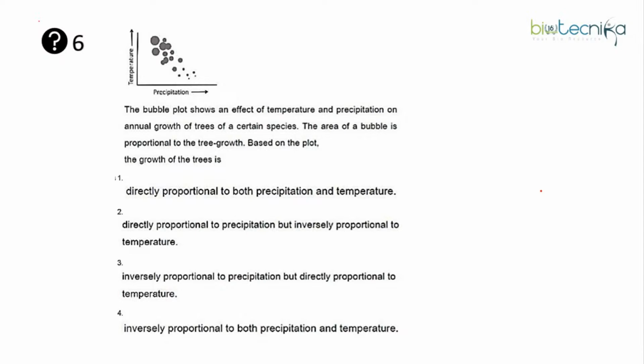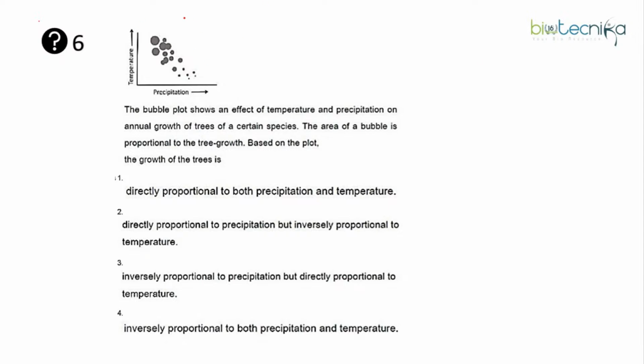This is one of that kind of question, which initially might look to be very difficult, but you read what they are saying. So they are saying that this is a bubble plot, which shows an effect of temperature and precipitation on annual growth of trees of a certain species. The area of a bubble is proportional to the tree growth.